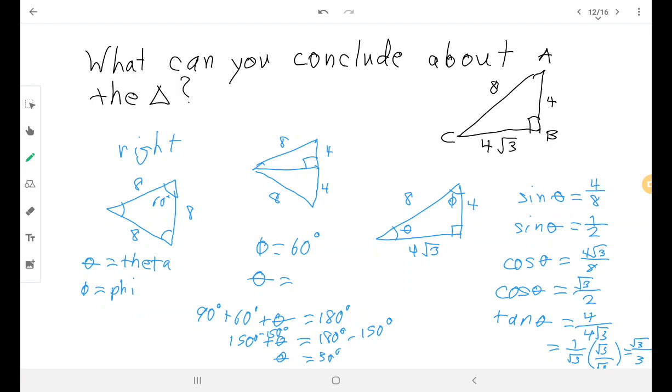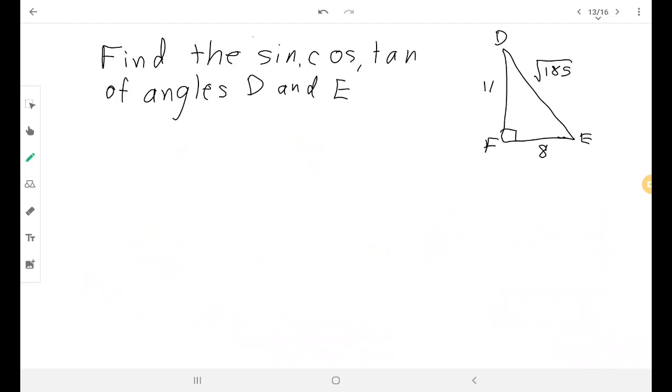All right, moving on to the next problem. Let's find the sine, cosine, and tangent of angles D and E. So here's D, here's E. And so, again, the sine of any angle is the opposite side over the hypotenuse.